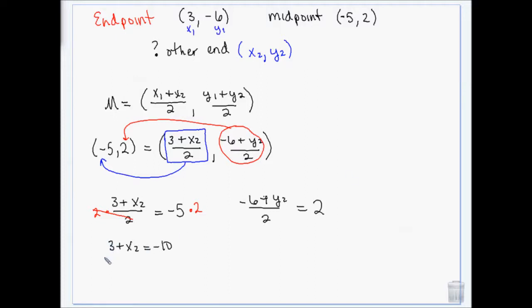Then if this number is positive, you subtract from both sides. Now, I have a negative and a negative, so since they're both negative, I add them together and I get negative 13. Again, always multiply by 2 to cancel those out. If this is negative, you add it to both sides.